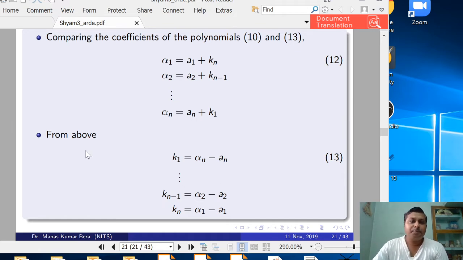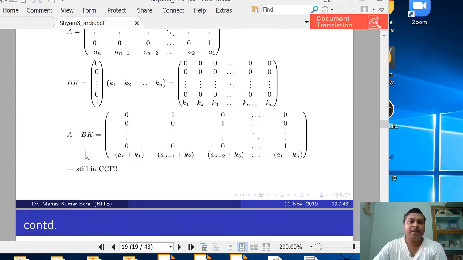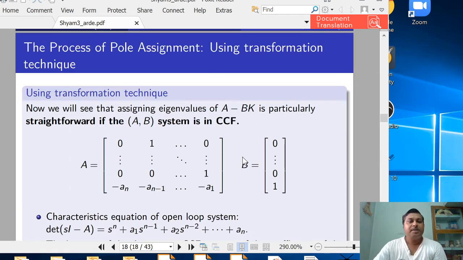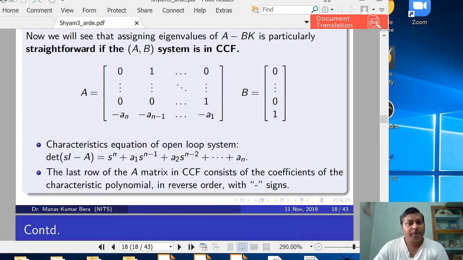So up to this it is very much clear that we are getting computational advantages if the system is already in controller canonical form. Now we have already understood that even if the system is not in controller canonical form, we can find a suitable T matrix by which we can transform any given system to the controller canonical form if the system is controllable.